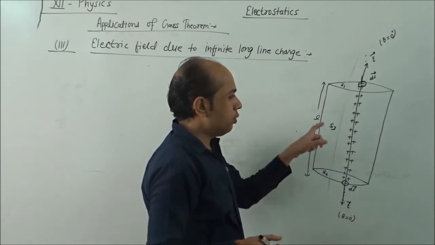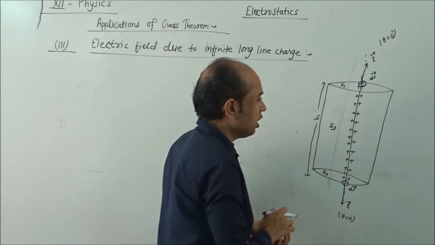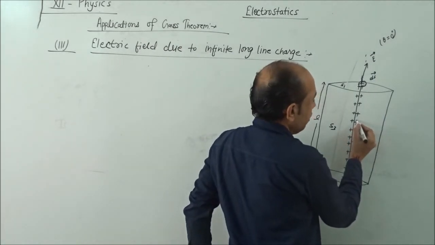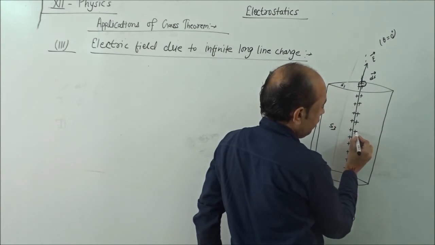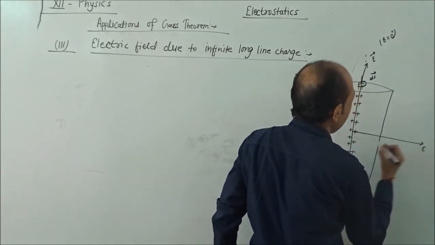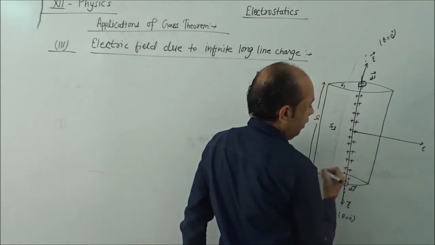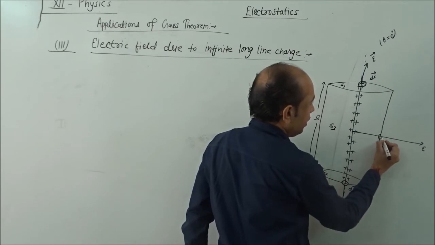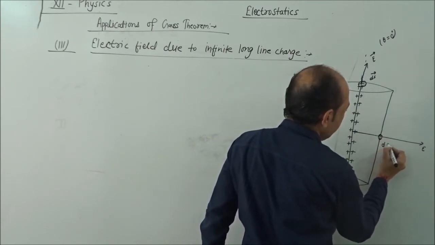And last we come to the remaining part, that is the curved surface portion. In the curved surface portion, because of the positive Q charge, the direction of the electric field is E, and the area is here, this way.